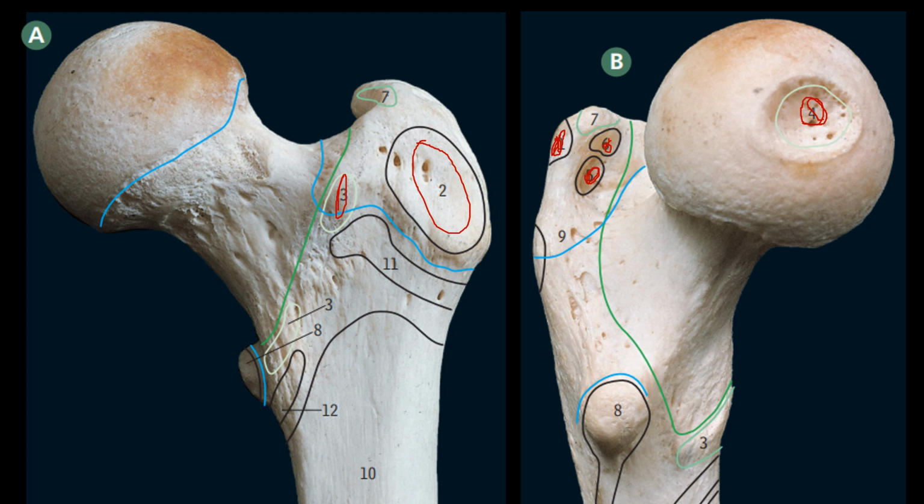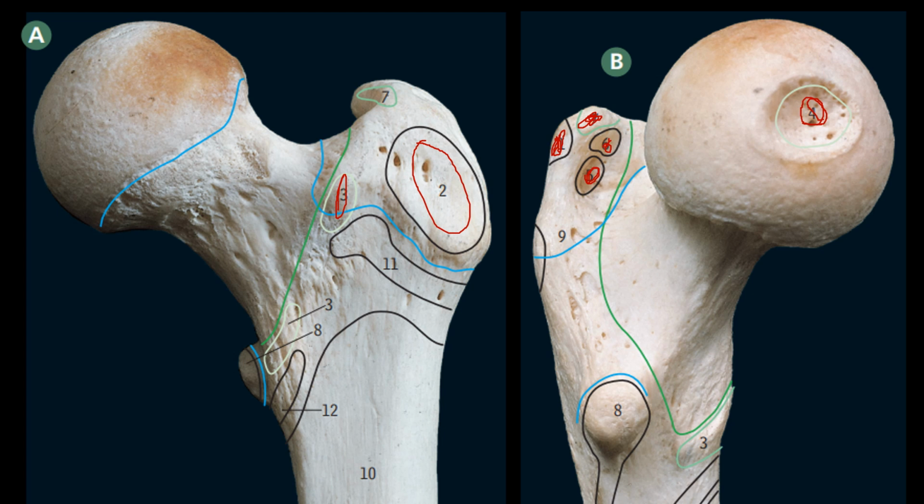These muscles insert into the upper rough impression on the medial surface. The seventh number is for the piriformis muscle, which inserts on the apex of the greater trochanter.